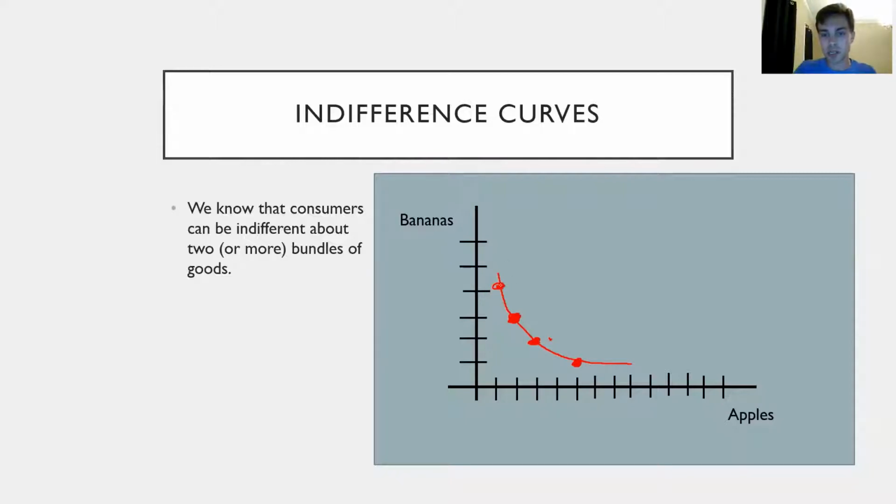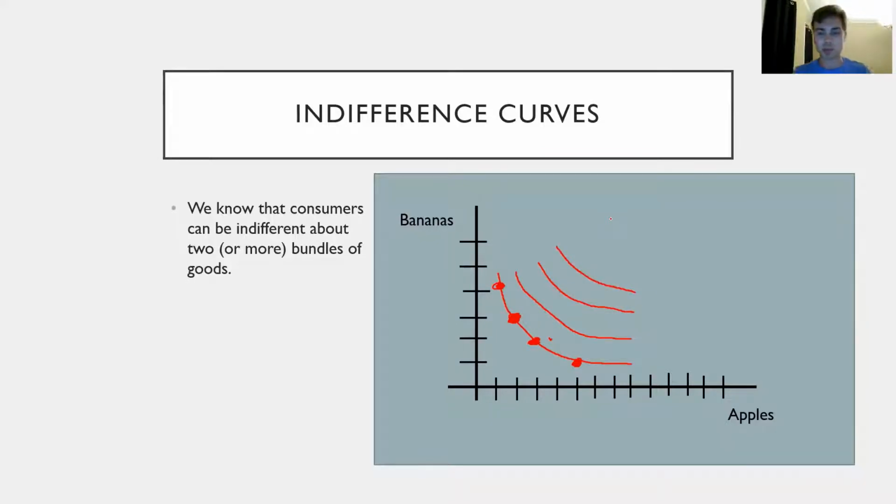Right? So we call it an indifference curve because the consumer is indifferent to any bundle that falls on this line. And so we can draw a number of different indifference curves all along this bananas, apples graph here. So these are all indifference curves.